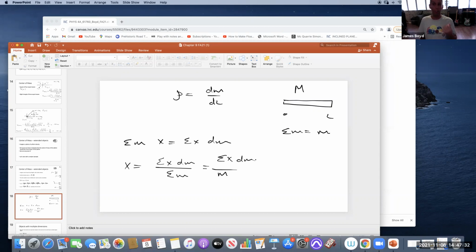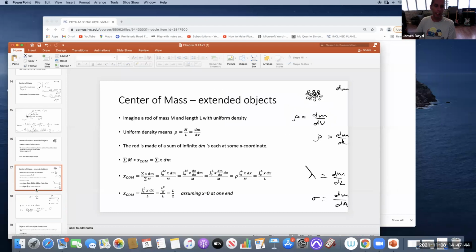We assume that we can take those infinitesimal pieces of mass so small that this effectively becomes an infinite sum. An infinite sum is an integral, from 0 to L, of x dm.